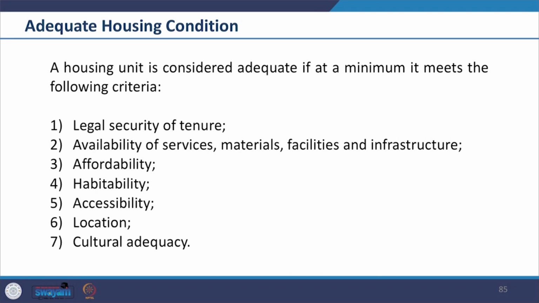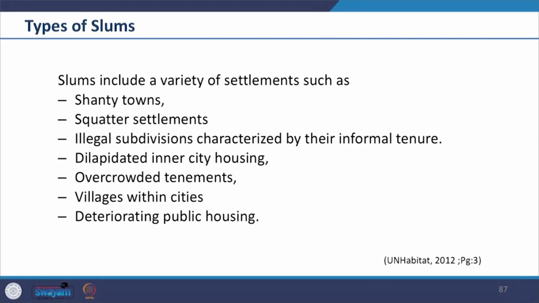Lastly, we see cultural adequacy, as housing is not adequate if it does not respect and take into account the expression of cultural identity and ways of life. So, these were how we judge whether the housing is adequate or not. Moving forward, we may find variety of settlements which might be considered as slums across the globe.